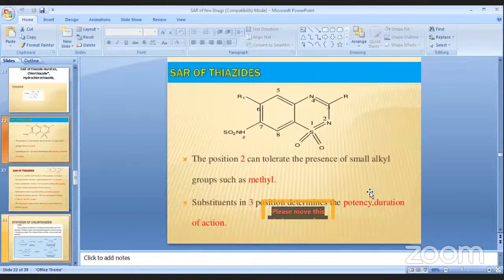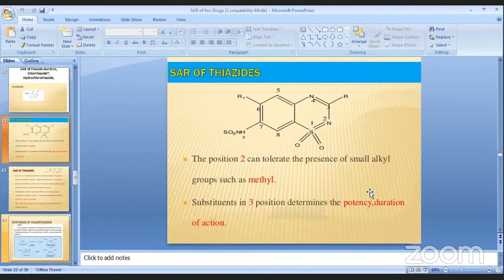Now in case of 3 position, the 3 position is also very important, because in the substituent of the 3 position, if you include CH2Cl or CH2C6H5, or you can use CH2CH2C6H5, then the activity will be there, but the saluretic activity, that is the salt-eliminating nature of the molecules, increases.